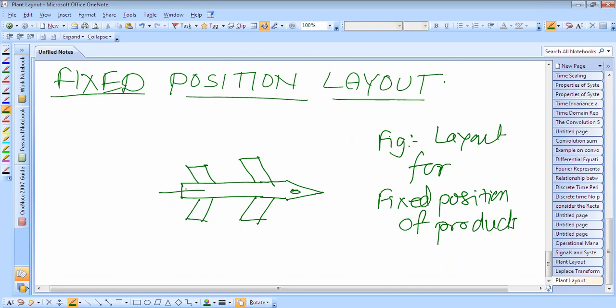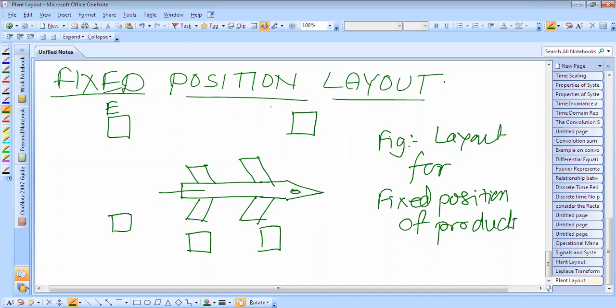So different sections are there. This is an engine section, E for engine section.